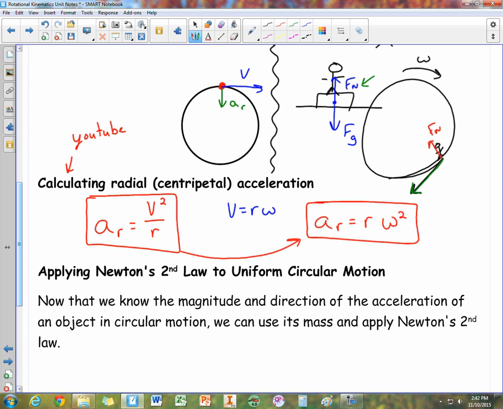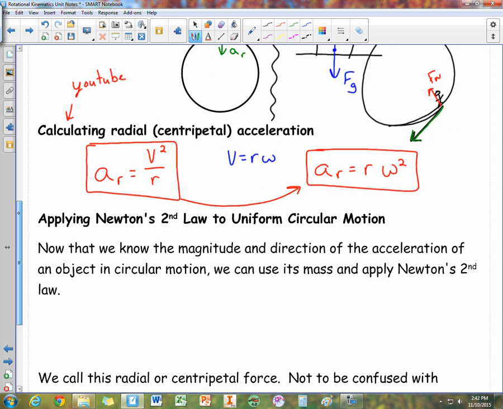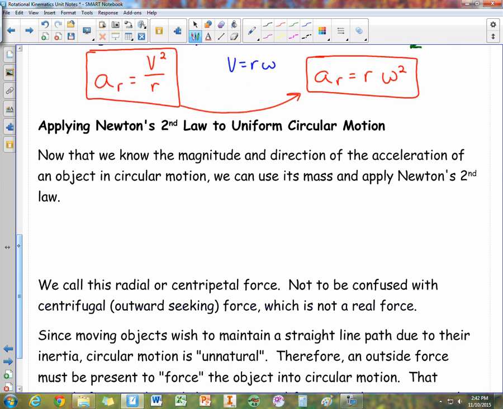So if we are spinning in the space station at the right angular speed, we can simulate gravity. And here's how we can do that. We can do that using Newton's second law. Now remember that with Newton's second law, the sum of forces acting on an object equals mass times acceleration.